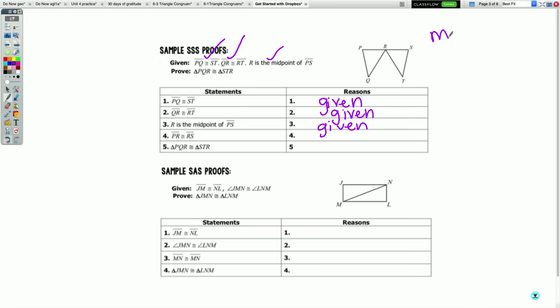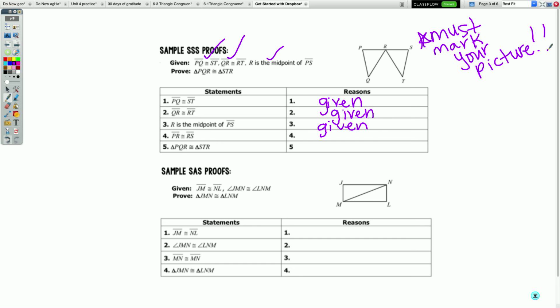You must mark your picture. Please write that down. You must mark your pictures, or else it is impossible to find the correct triangle congruence theorem, right?